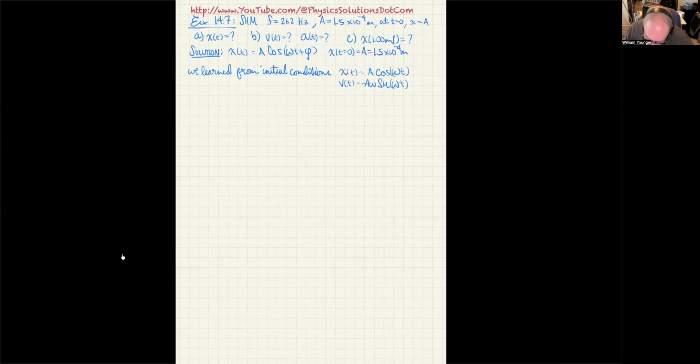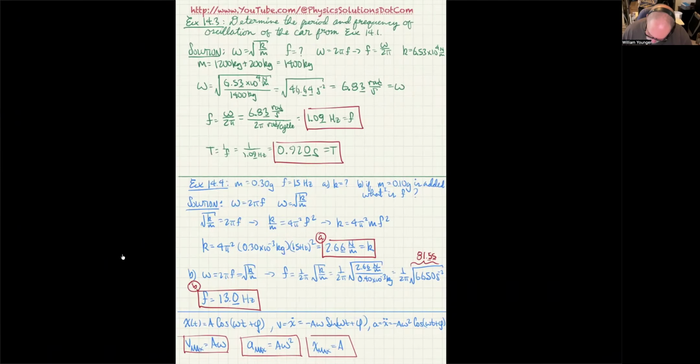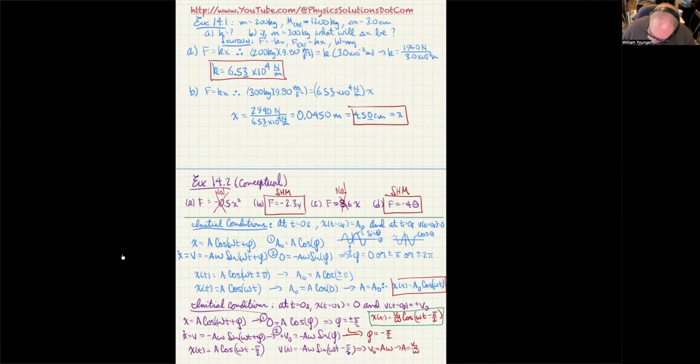And we can actually figure out that A should be v0 over omega. And I'll just double check that where we did that initial condition analysis.